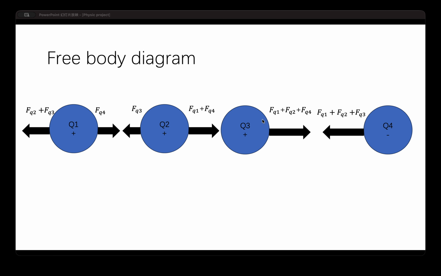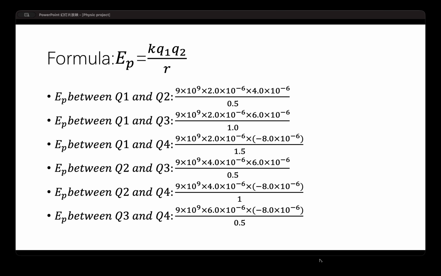So the problem asks for the electric potential energy, and we can use this formula: EP equals K times Q1 Q2 over R. First we know that the constant K is 9 times 10 to the power of 9, and the distances between the charges are all 0.5 meter.